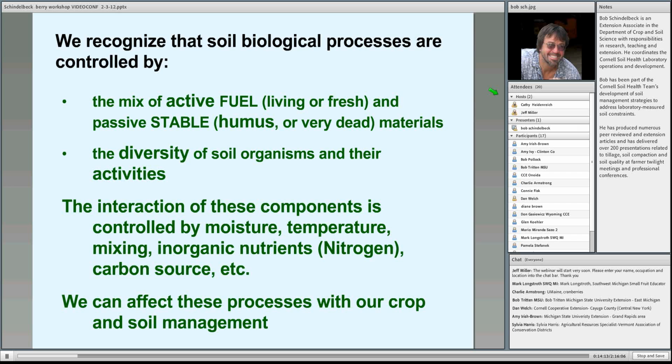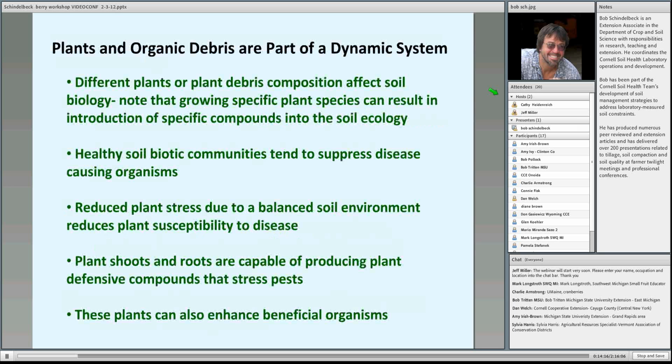So let's get right to that. So here it is in a nutshell. Different plants and plant debris composition is going to affect our soil biology. And this is where we need to do a lot of thinking and learning about new varieties, for example, in the cover crop arena. What I wanted to say is that I'm sure you're all aware now of these crucifers, these mustards that can have compounds associated with them that we can use to our advantage to control organisms in the soil.